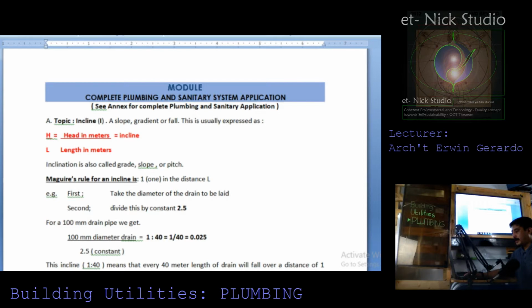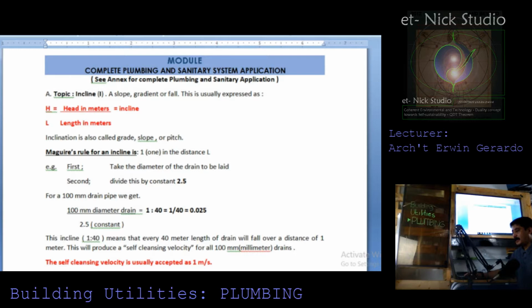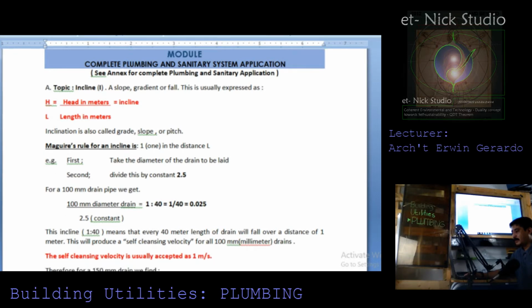Let us cite an example. For a 100 millimeter drain pipe, we get the diameter, which is 100 millimeter, then we divide by the constant, which is 2.5, meaning the ratio here is 1:40.